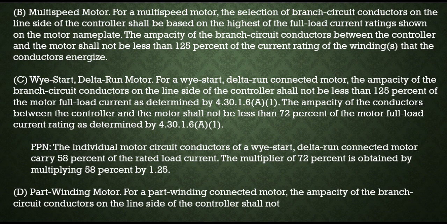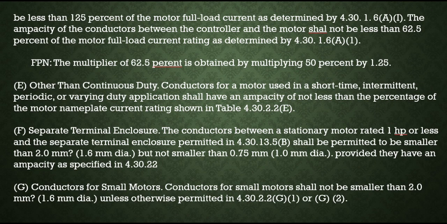The requirements for part winding motors are also addressed. For part winding motors, conductors between the controller and motor must be at least 62.5% of the full load current.